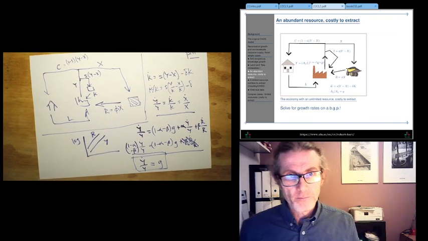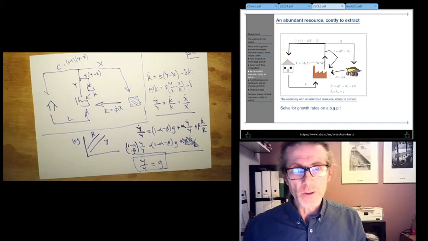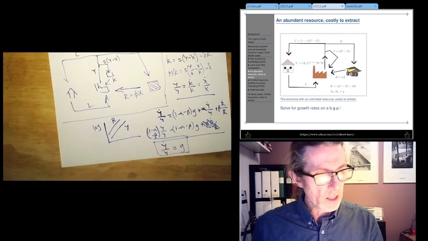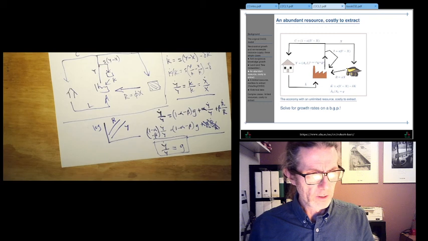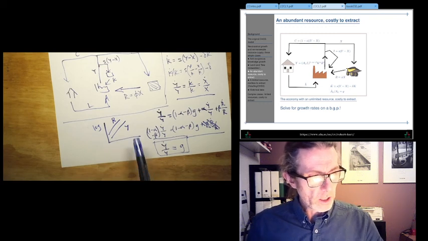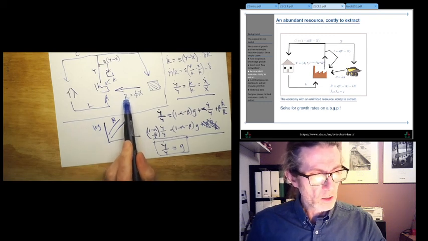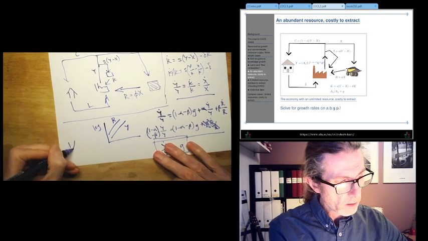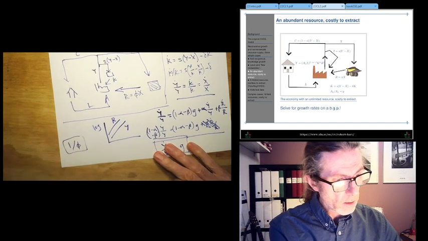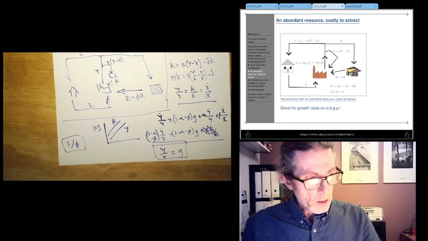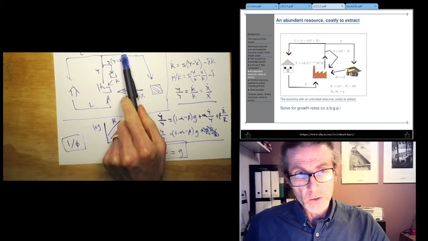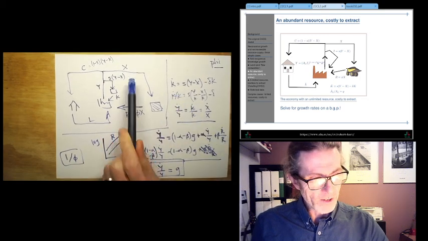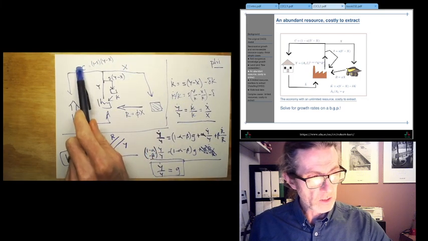Another empirical observation that it matches is about the resource price, because the resource price here is just constant. It's actually 1 over phi. The price of X is just 1, because X and C are the same thing.